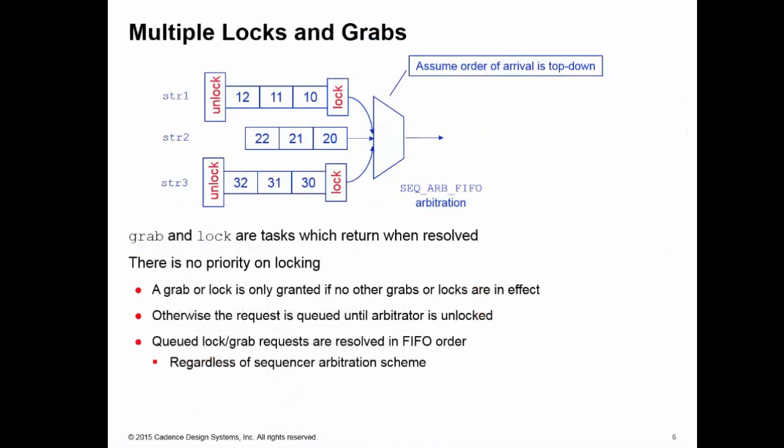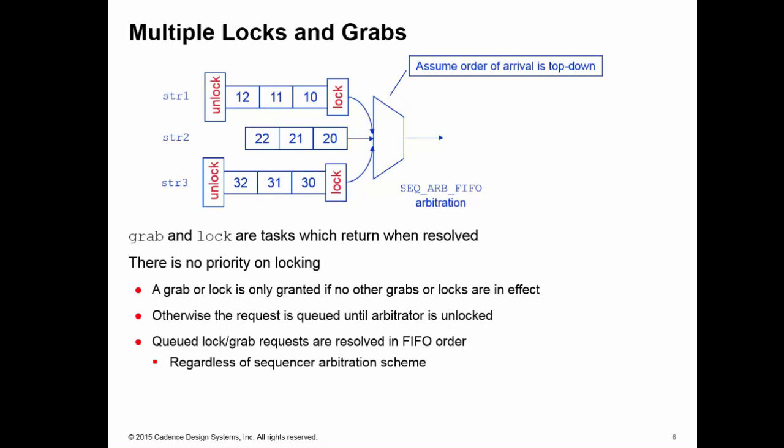Now be careful, okay, you can have multiple locks and grabs in the queue of items pending for a sequencer. Now these are tasks which only return when they are resolved, so there's no priority on locking. Okay, if one sequence currently locks the sequencer, you can't execute a pending grab, for example, until the first sequence is unlocked.